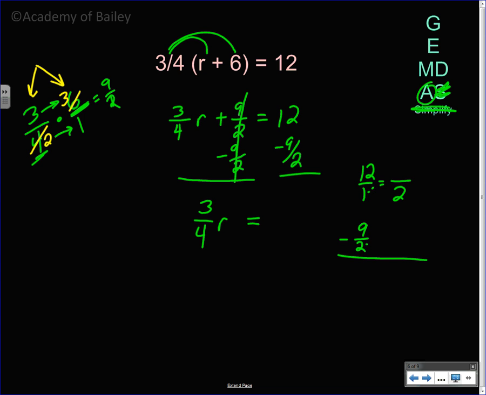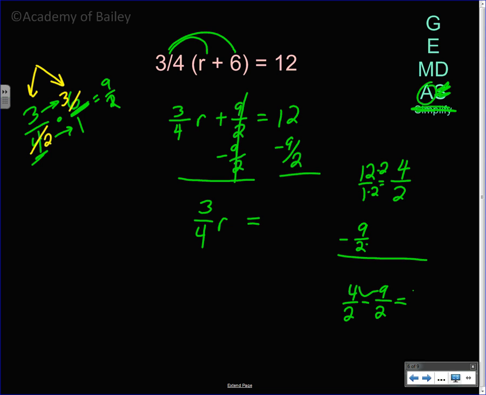So therefore, 1 times 2 is equal to 2, and if you multiply the 1 on bottom by 2, you have to multiply the 12 on top by 2. That gives you 4. So therefore, what we really have is 4 over 2 subtract 9 over 2.